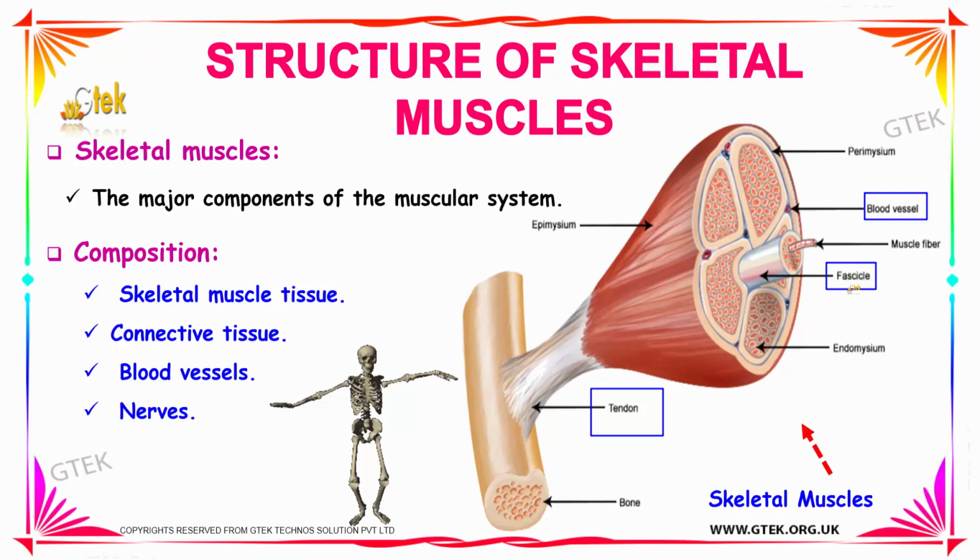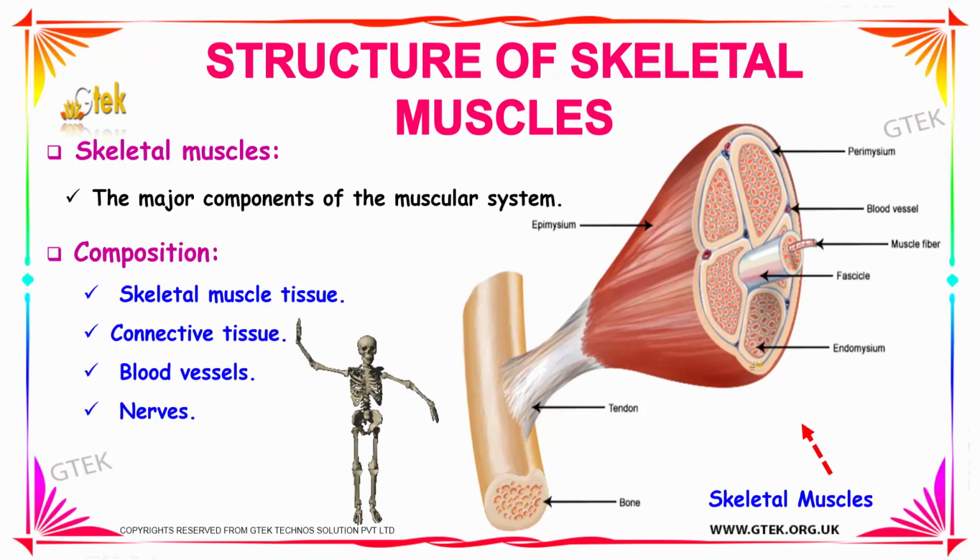The muscles are made up of fascicles, as you can see, and the outer lining of the fascicle is perimysium, and the inner lining is the endomysium. So this is the structure of the skeletal muscle.